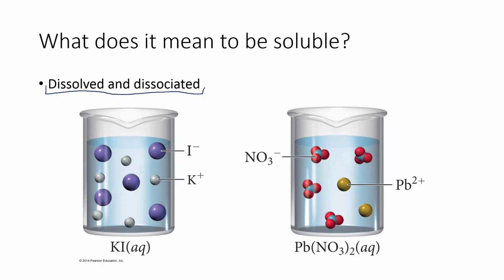So potassium iodide will actually exist as a sequence of potassium cations and iodide anions. Lead nitrate will exist in the same way because all nitrates are aqueous, as a series of lead ions and twice as many nitrate ions. The nitrogen and the oxygen don't come apart because in this polyatomic anion, the nitrogen-oxygen bonds are covalent.